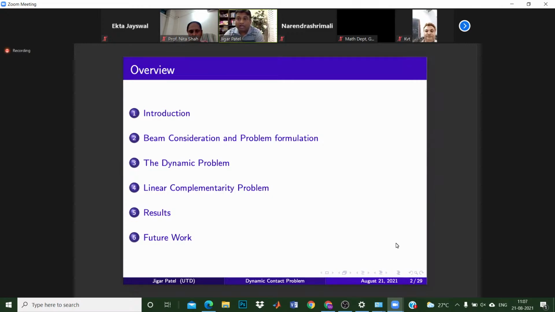And as a result, what we got is called a linear complementarity problem, which is a very popular problem. We introduce a very novel method to solve this particular problem, and the results were really impressive. This work was published in the Electronic Journal of Differential Equations in 2013.